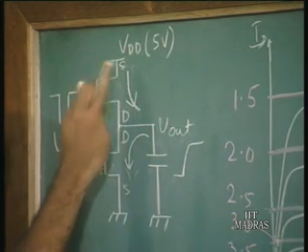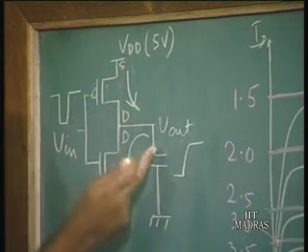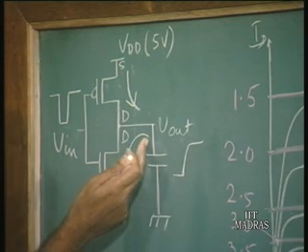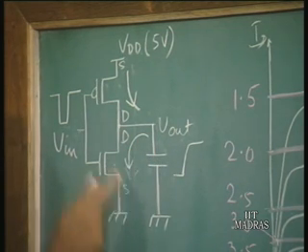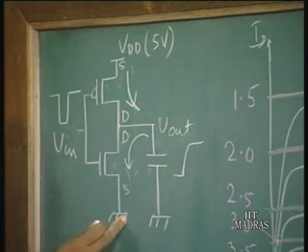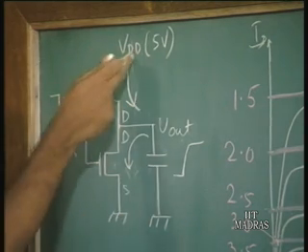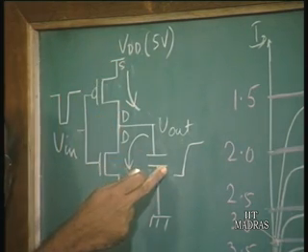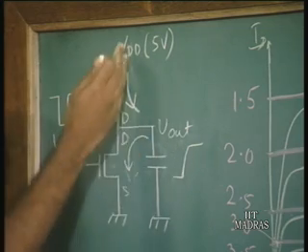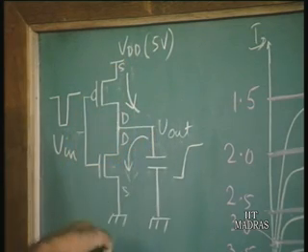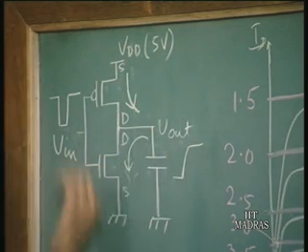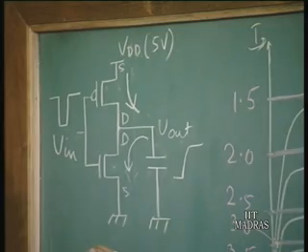In the next half, this capacitance is discharged to ground. So there is not a current flowing directly from the power supply to ground; in one half the energy is stored in the capacitance, and then that capacitance is discharged to ground in the next half cycle.